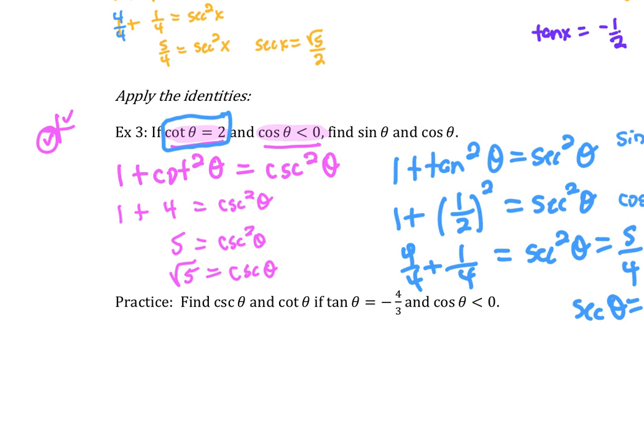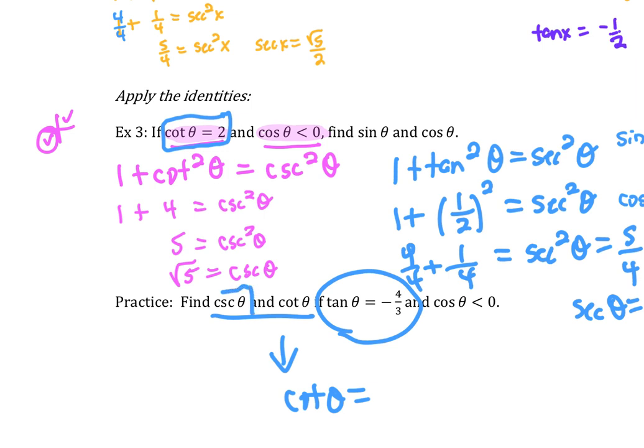So we're supposed to find cosecant and cotangent, and we're given tangent. If we're given tangent, it's really easy to figure out our cotangent. We're just going to take the reciprocal, right? But then we're supposed to find cosecant. Well, if we have a cotangent and we're looking for a cosecant, that sounds like Alice's identity, doesn't it? Right? Okay.